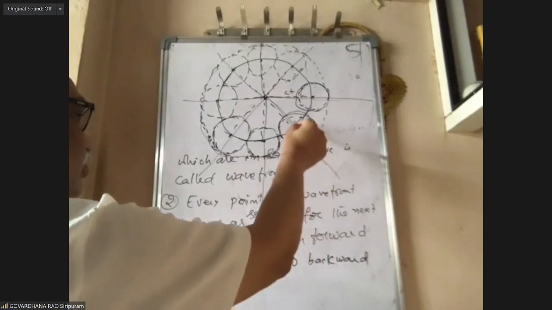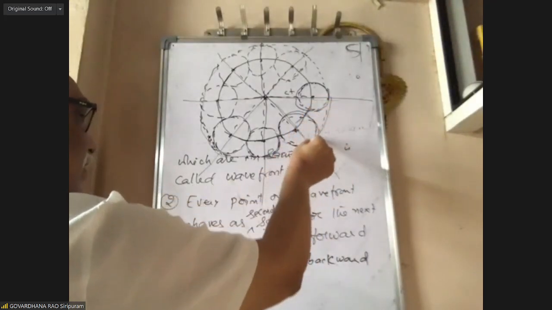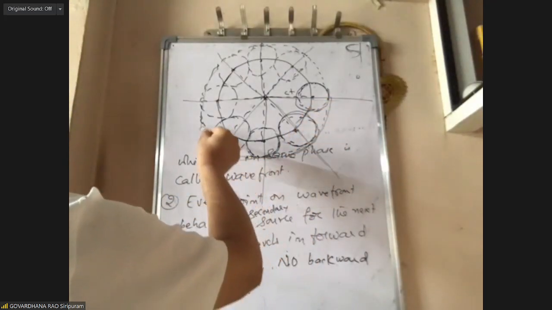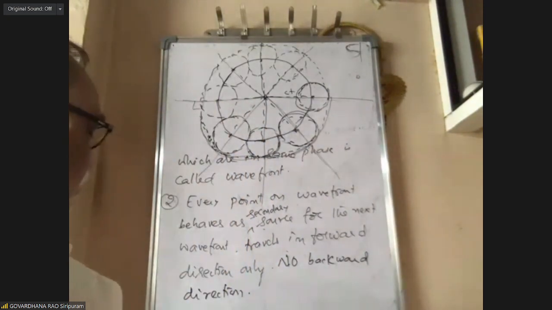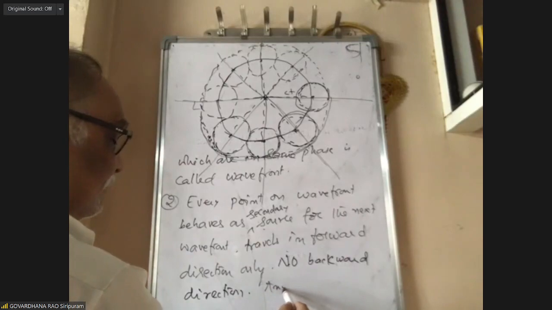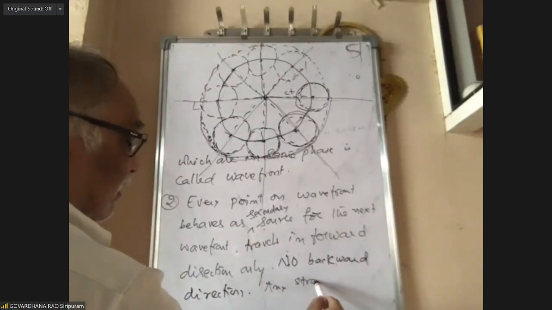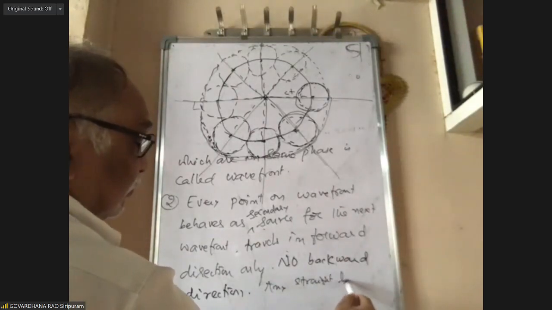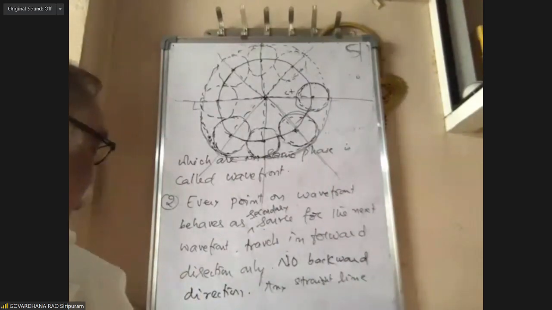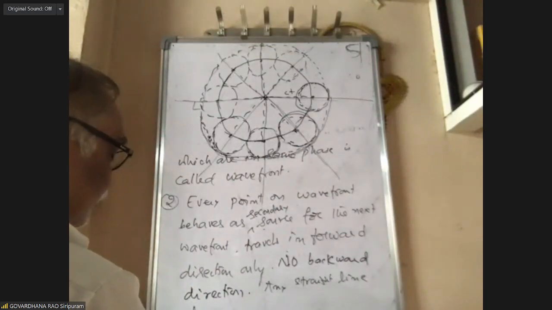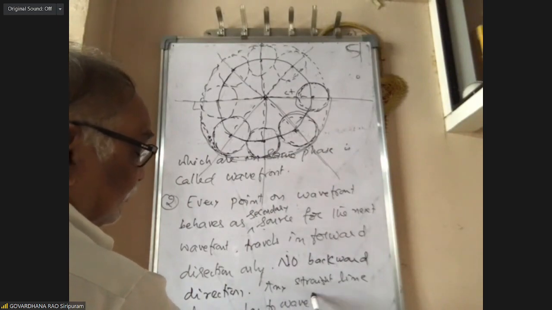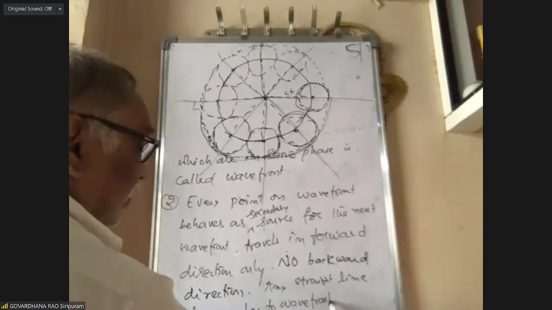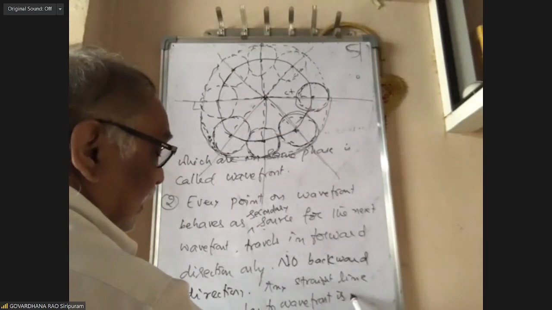So, any straight line drawn, this is a wavefront, no? For this wavefront, how is this line? Perpendicular. So any straight line drawn perpendicular to a wavefront is a ray.